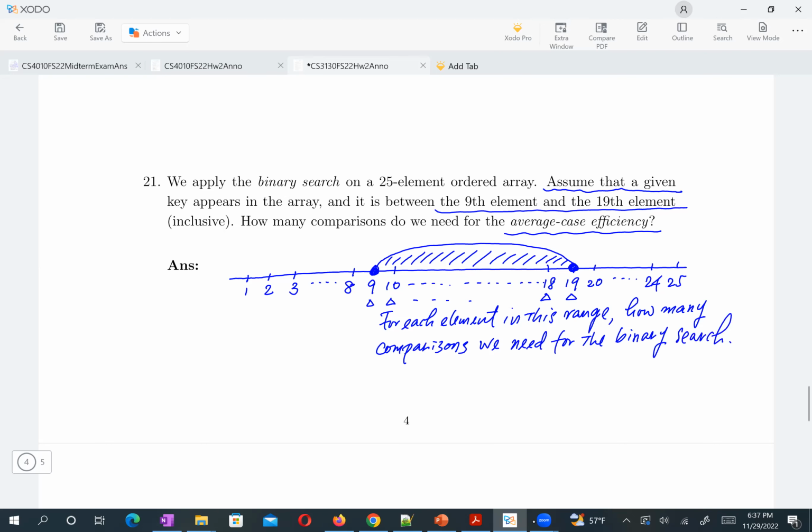We have a certain number. For example, when key equals 9, what's the number of comparisons? When key equals 10, the number of comparisons, and so on. The last one, when key equals 19, the number of comparisons equals 1. Then at the end, you take the average of all these numbers.